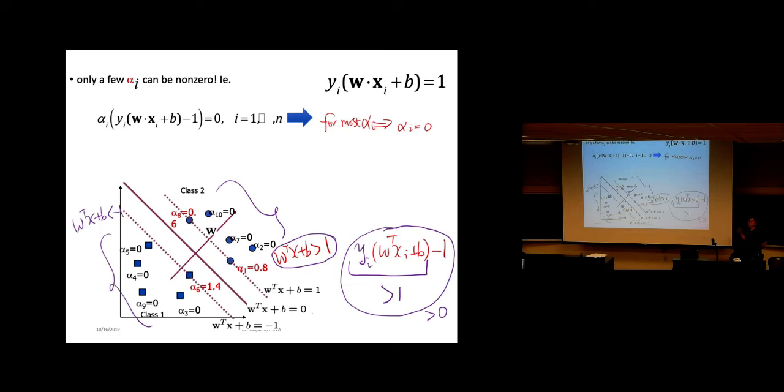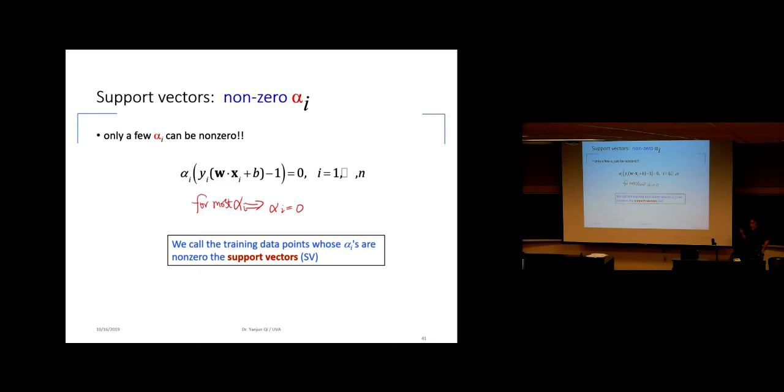So to summarize, for the majority of the data points alpha I will be 0. And those points whose alpha I are not 0 are called support vectors.